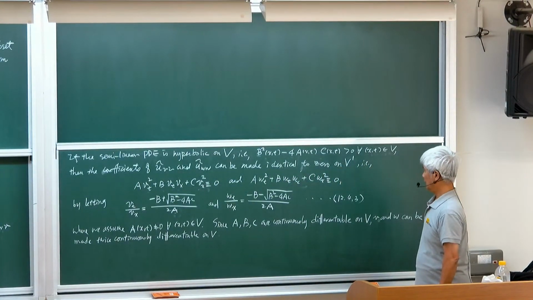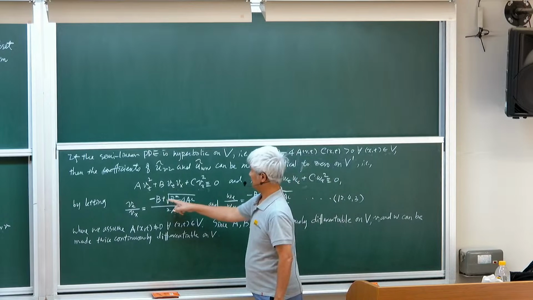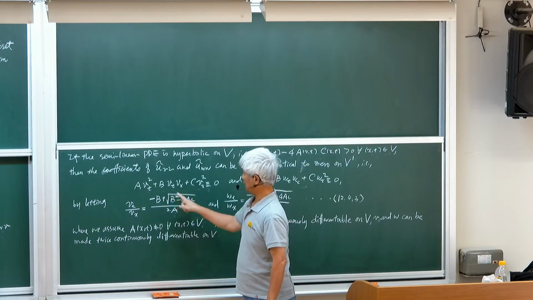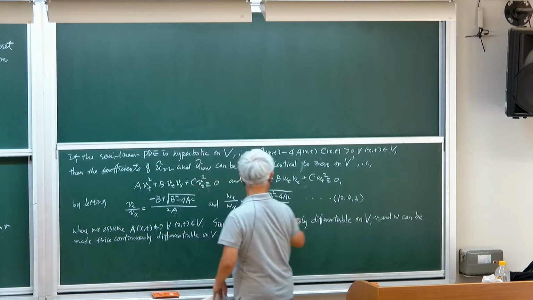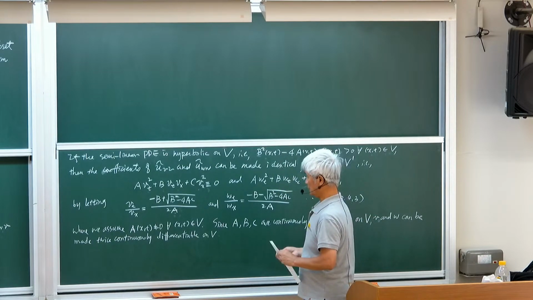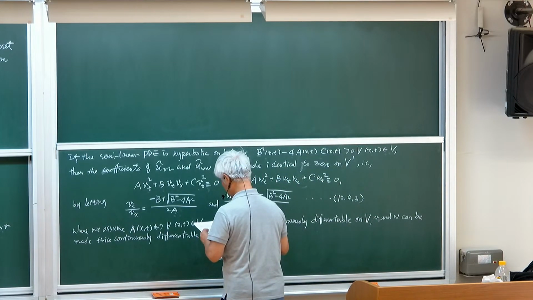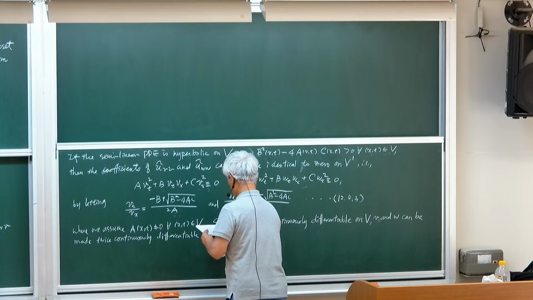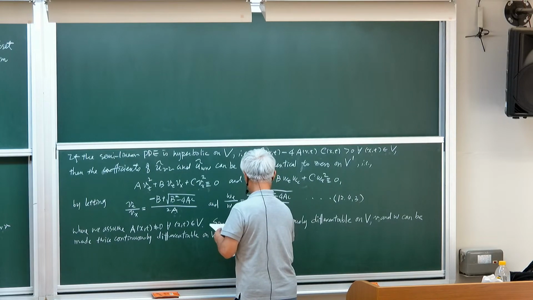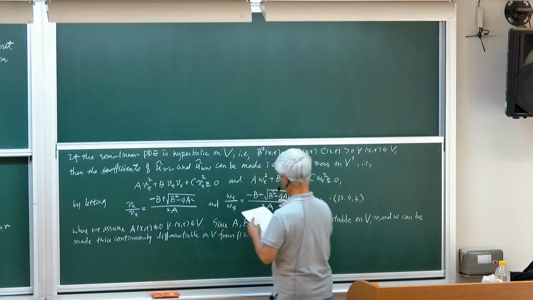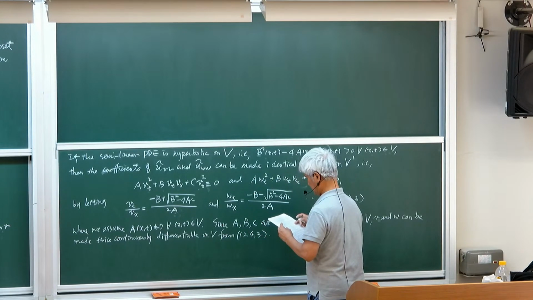And so that we can make V and W twice continuously differentiable on V, from 12.3.4.3, from this relationship.